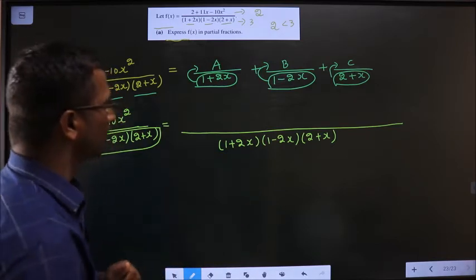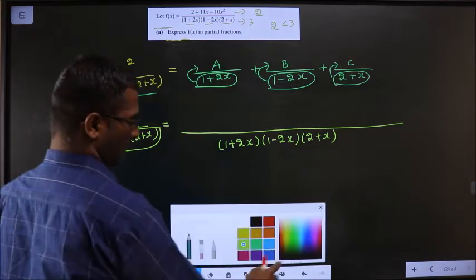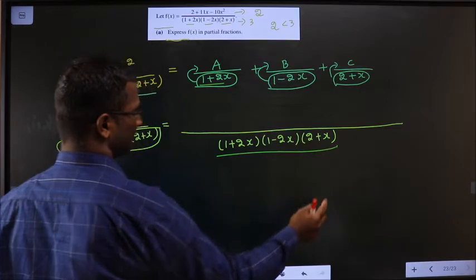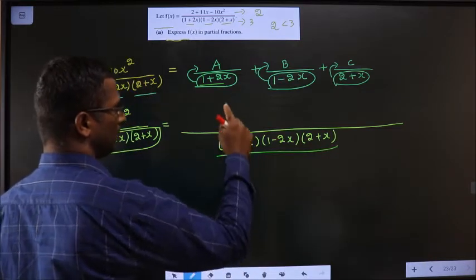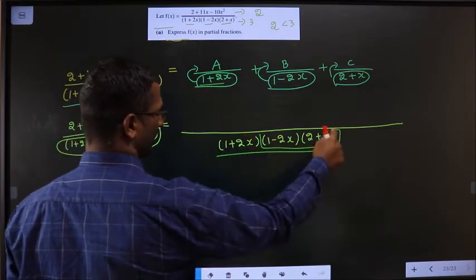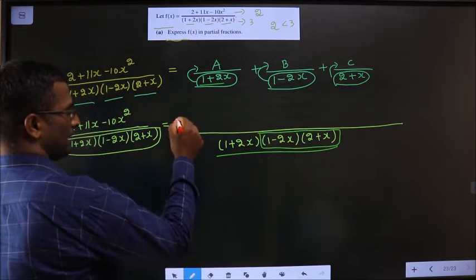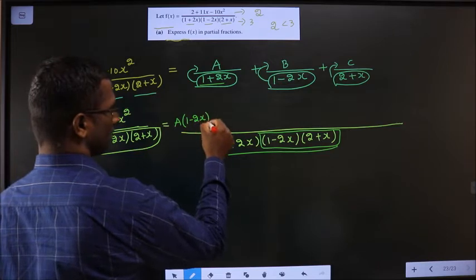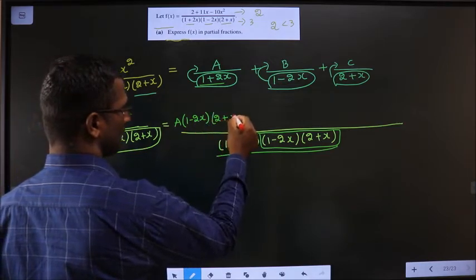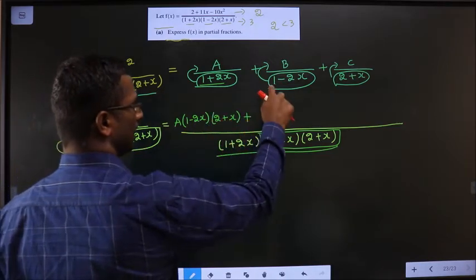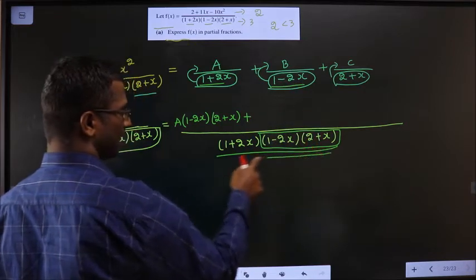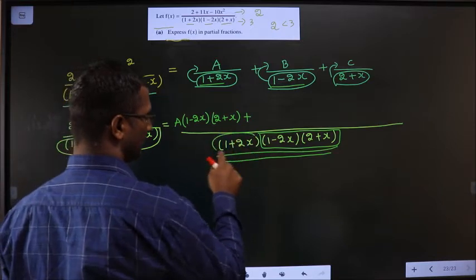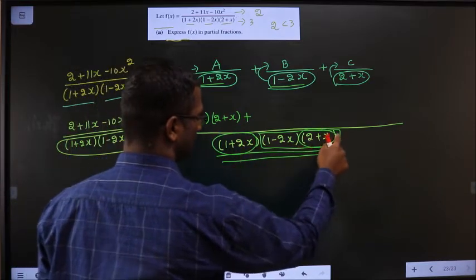Next. Now here, 1 plus 2x should become this entire thing. That could only happen if I multiply denominator and numerator with this one. Thus it will become a times 1 minus 2x and 2 plus x. Now here it is 1 minus 2x, which should become this entire thing only if I multiply denominator and numerator with this and this.